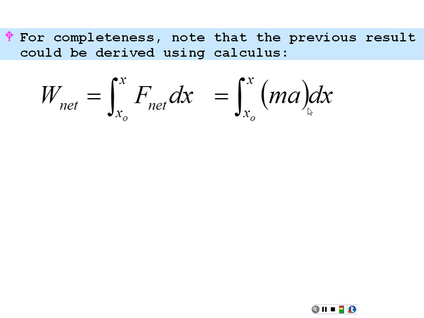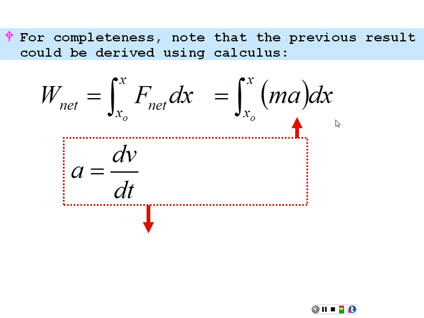For completeness, note that this last result can be derived using calculus. If I say my net work is equal to the integration from initial to final position of my net force dx, and that's equal to ma dx, but then we're going to use a little bit of mathematical wizardry here.